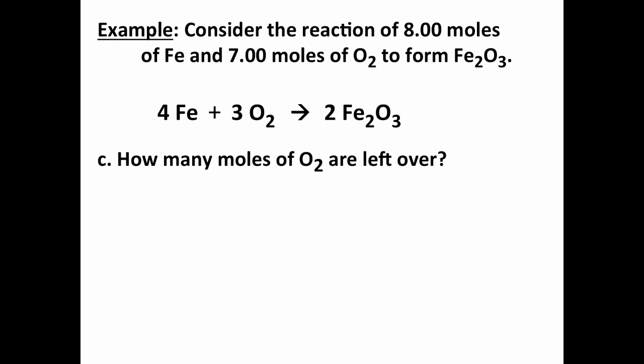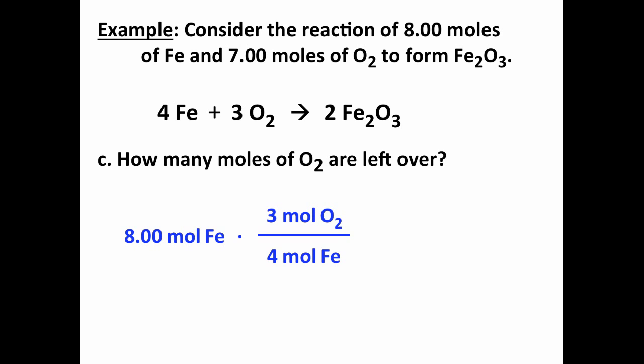Now next, to determine how many moles of O2 are left over, what we need to do in this case is, once again, start with our limiting reactant, 8 moles of Fe, and now we note that 4 moles of Fe require 3 moles of O2 to fully react. And what that means then is that 6 moles of O2 are needed to completely react with the given amount of 8 moles of Fe.